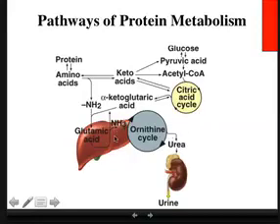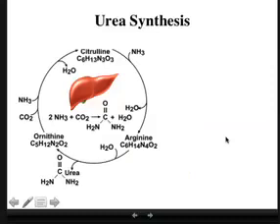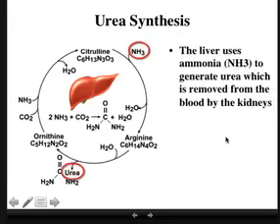The back end of this is the urea cycle, and this is what generates the urea that the kidneys excrete, and this takes place again in the liver. So the liver does a lot of good work for you. It's your detoxifier, and here you're looking at the urea cycle.